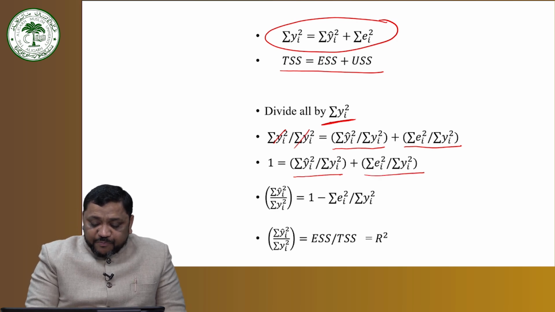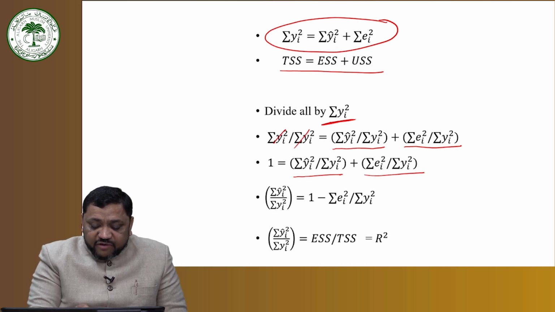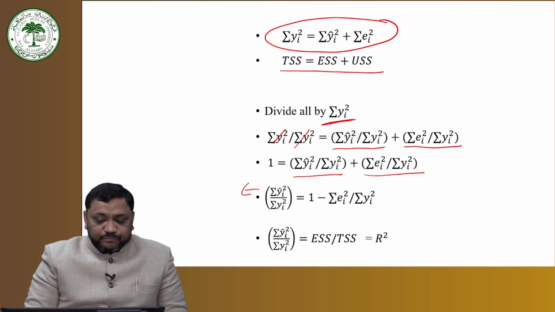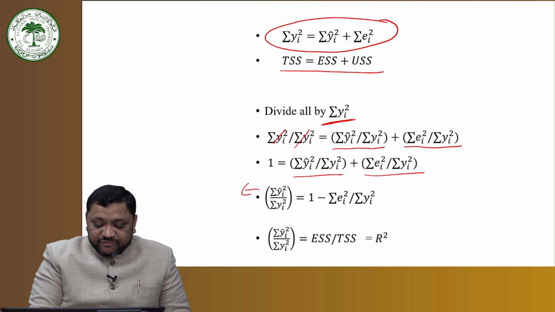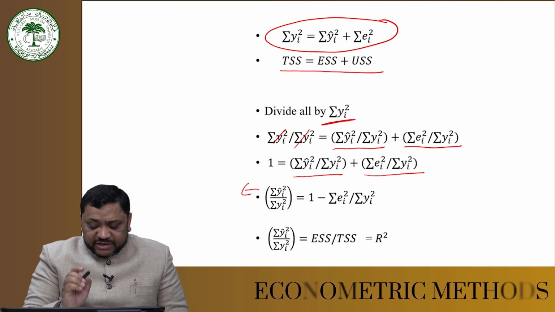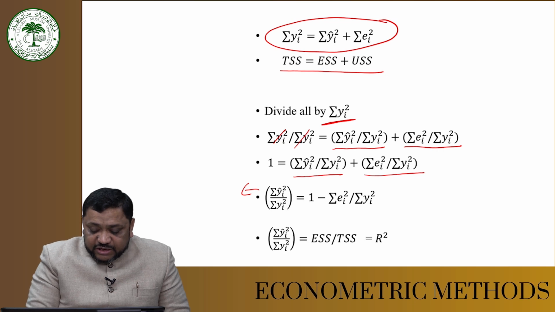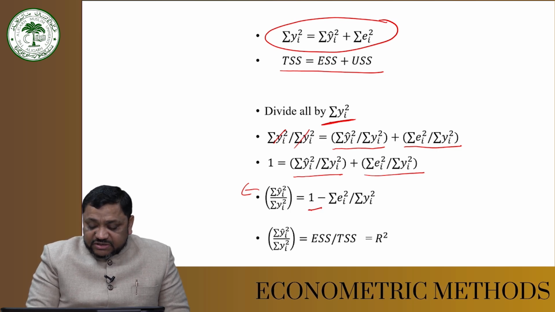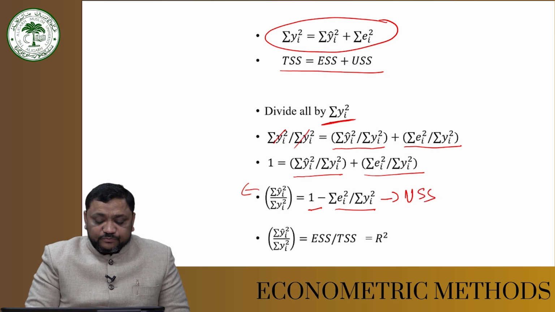Upon rearranging, we can write this equation in terms of the explained variation. When we write it in terms of the explained sum, it becomes summation y hat square divided by summation y square, that is the explained sum of squares, is equal to 1 minus the unexplained sum of squares.